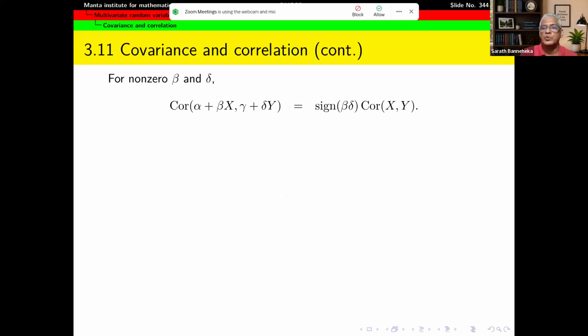Therefore, I'm not going to prove them. I ask you to prove them as exercises. But this is an important result to remember. The correlation between two linear transformations of x and y is the same as the correlation between x and y, with the sign of the product of the coefficients of x and y in the linear transformations.